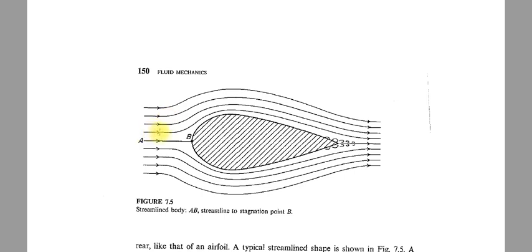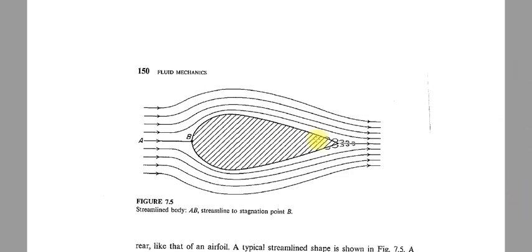So when it comes near the body, some of the layers start to flow in the upward direction and some of the layers start to flow in the downward direction. So there is some region in front of the body where the fluid is stagnant. That point is called the stagnant point. So this point B is called the stagnant point.